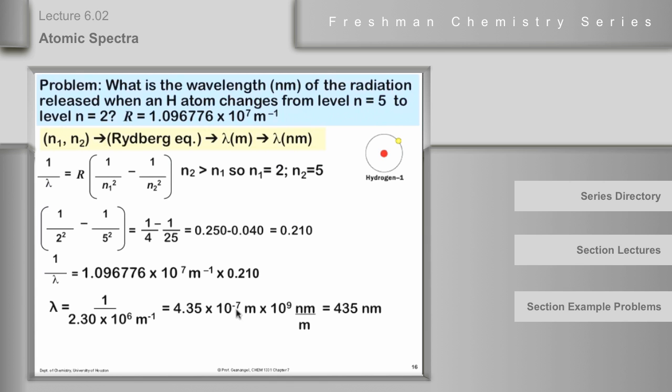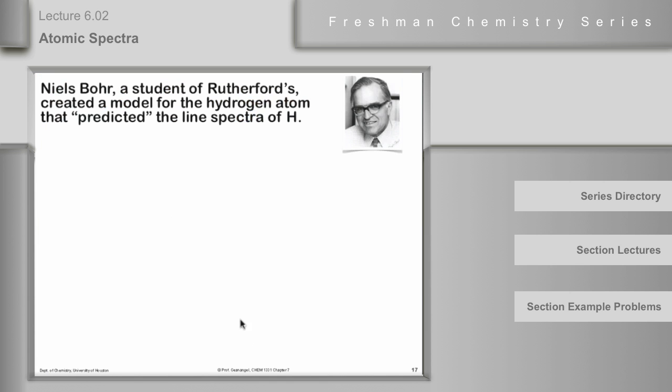All right. Now what I would like to do then is to pick up the story where we left off and talk about this one. This is a picture of Niels Bohr, and he turned out to be, at the time, a student of Rutherford's, in Rutherford's laboratory. He came to work with Rutherford.